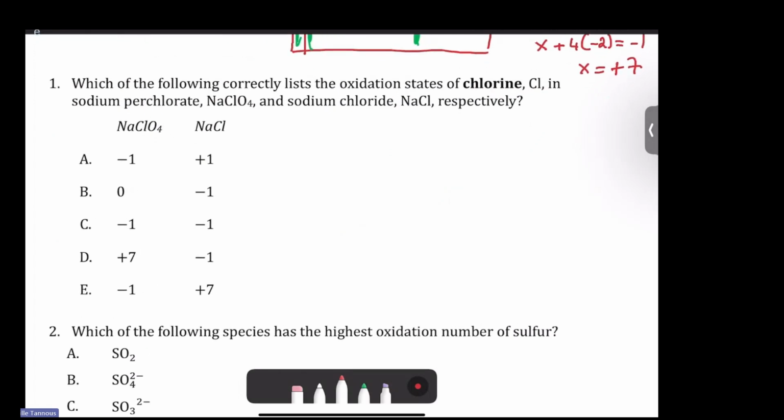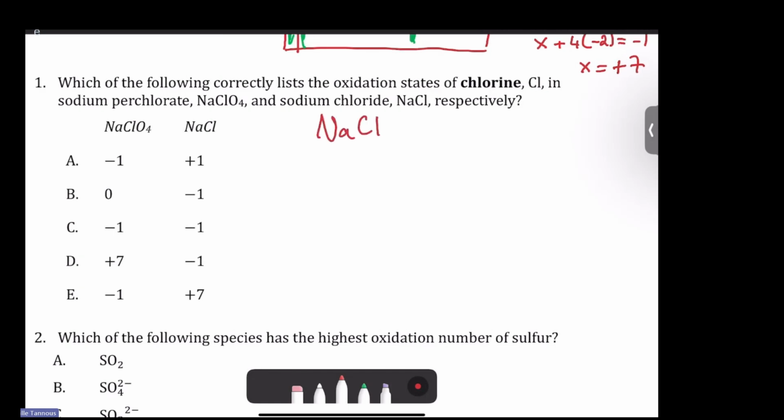Now, which of the following correctly lists the oxidation states of chlorine in two compounds? I have two compounds, NaClO4 and NaCl, and I need to know the Cl every time. I'll start with this one. This is easy. The Na belongs to group 1 from the periodic table, so Na is +1. Therefore, Cl is -1.